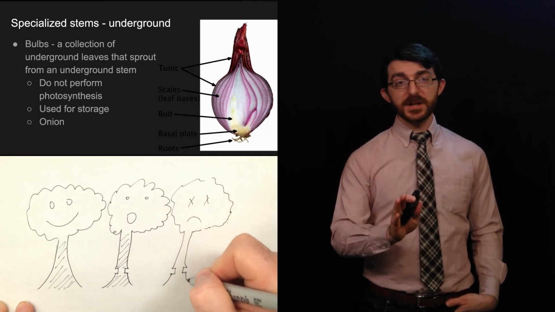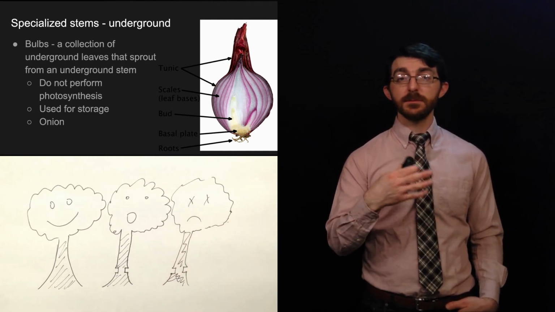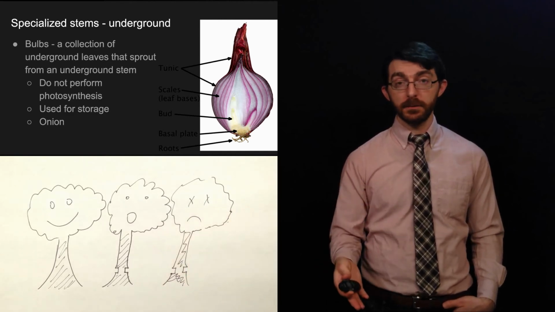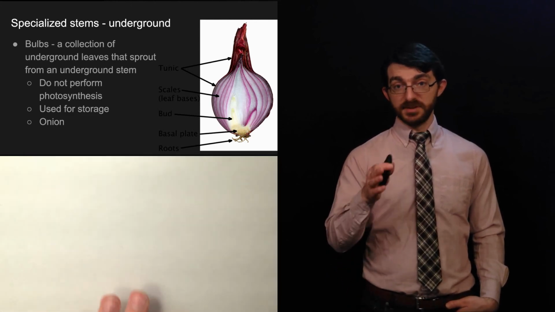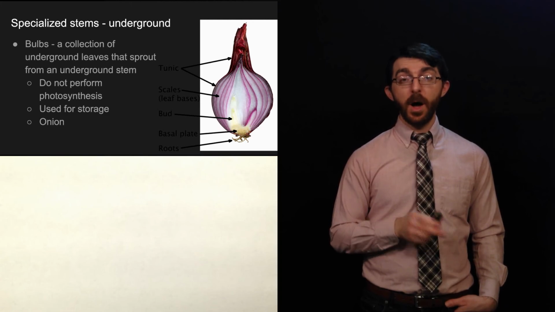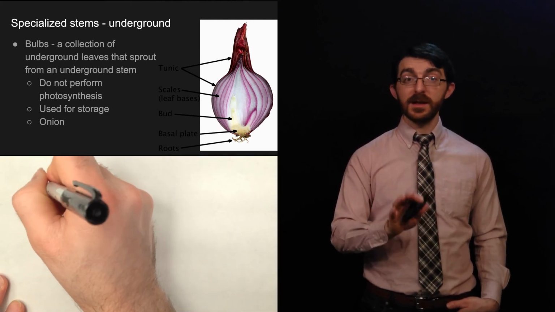There are some specialized stems that are actually underground. We think of some stems as being above ground, but actually some of them grow underground as well. So a bulb is a particular kind of branch. It's not a root. It is a branch.